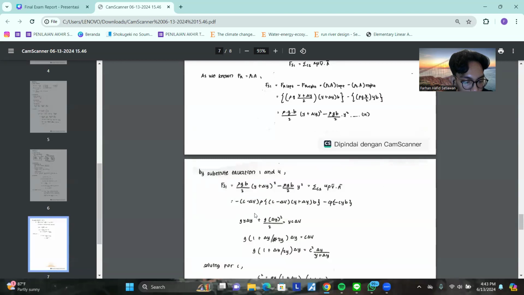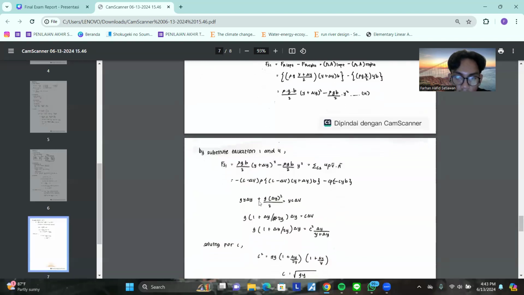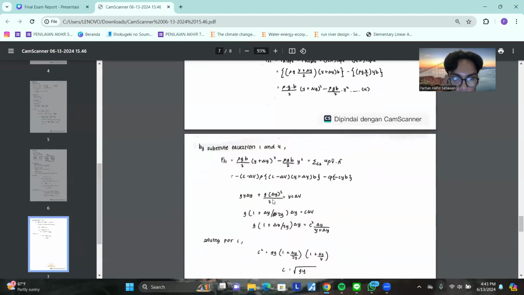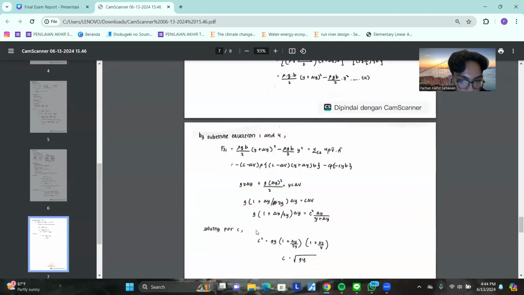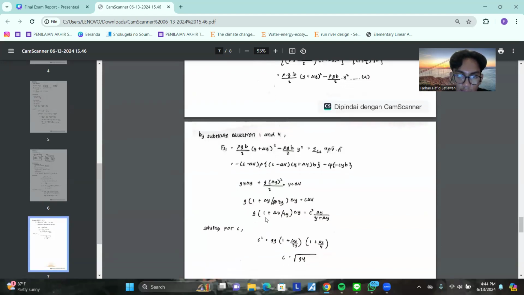The continuity and the momentum equation can be simplified to g y times delta y plus g delta y squared per 2 equals y c delta V. We can simplify to g times (1 plus delta y per 2y) times delta y equals c delta V. So we get a conclusion: g times (1 plus delta y per 2y) times delta y is equal to c squared times delta y per (y plus delta y).